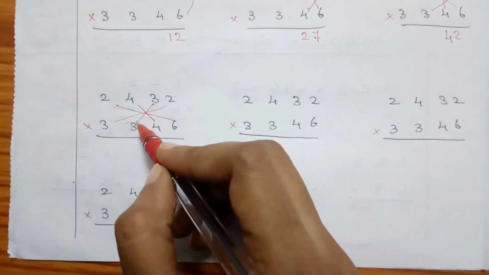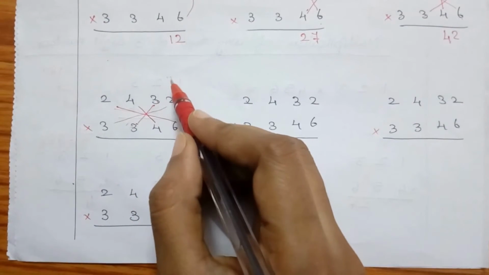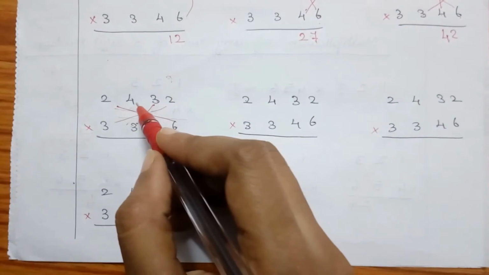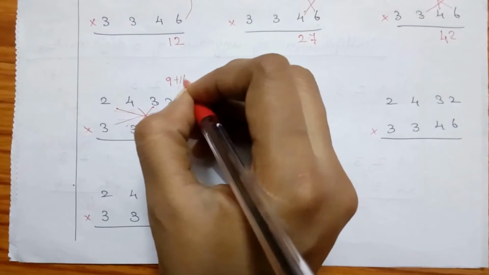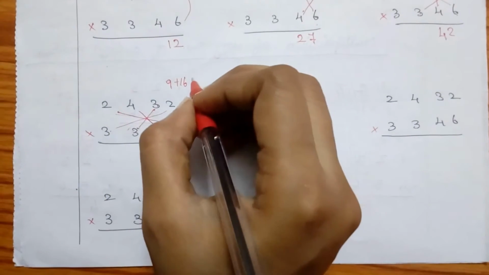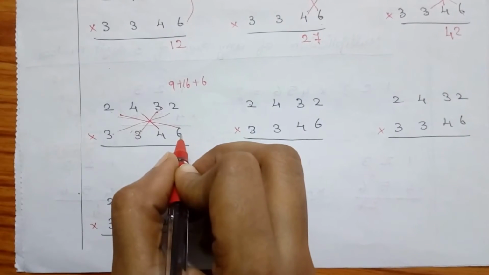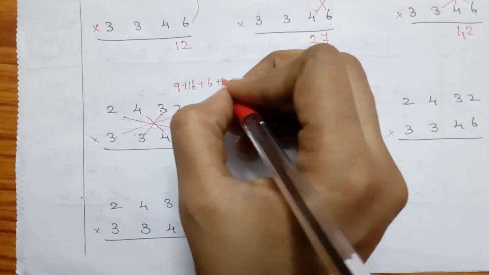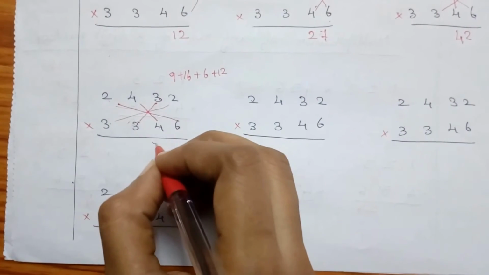Okay, first I will multiply 3 into 3, which gives me 9, and 4 into 4 will give me 16, and 3 into 2 will give me 6, and 6 plus 2 will give me 12. Okay, so by adding all these numbers, I will get 43.